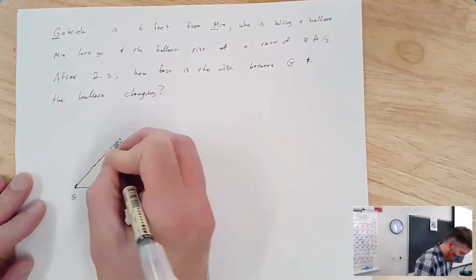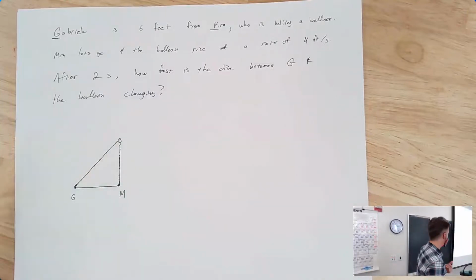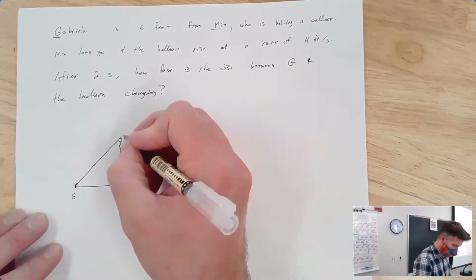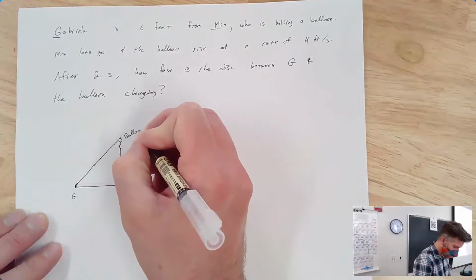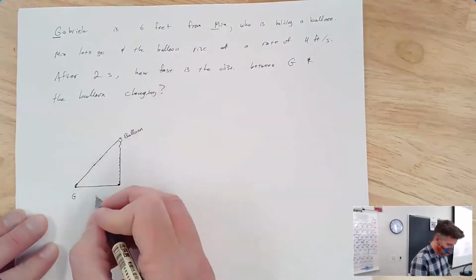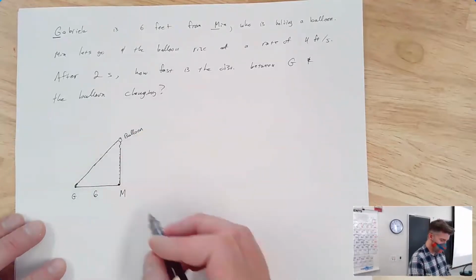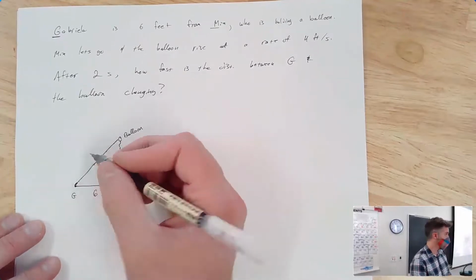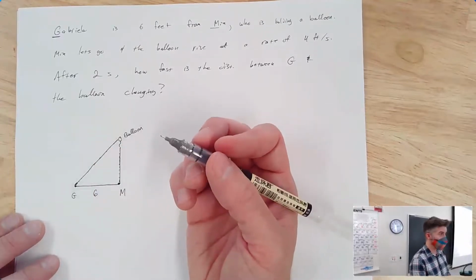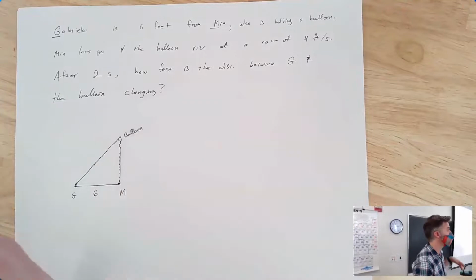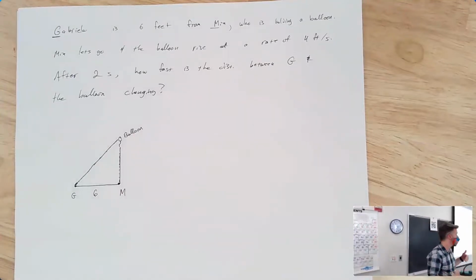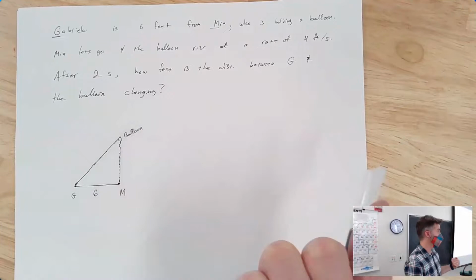But the idea here is that you want to label everything. And we know that the distance between Gabriella and Mia is 6 feet. But these distances are changing, right, as time goes on. We're going to look at the instant after 2 seconds have passed. But in general, if something is changing in our picture, we should give it a variable name.